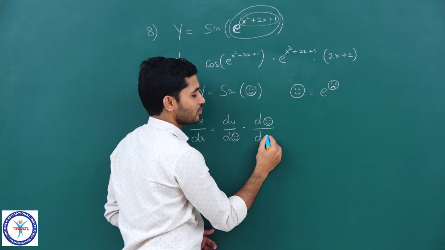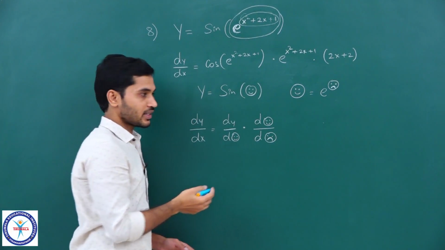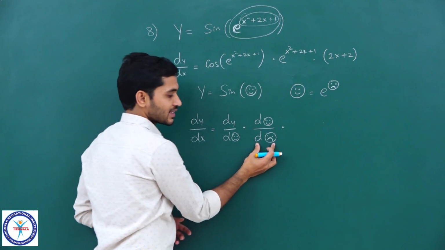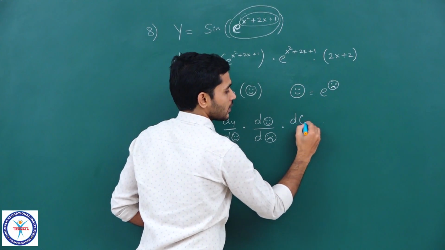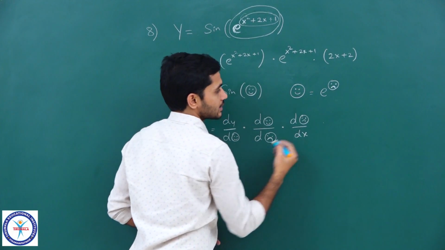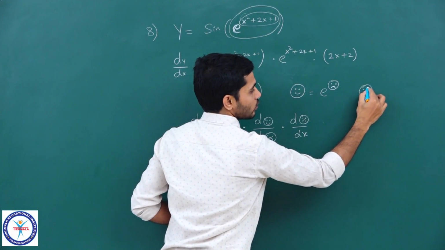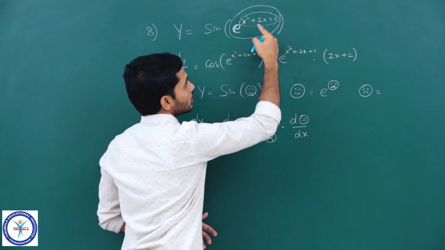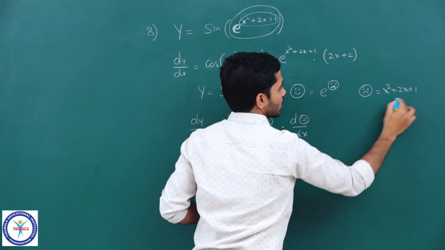So, d smiley by d frowny, you understand that, into, now I need to cancel this frowny. So, what I will do? I will differentiate that frowny finally with respect to x, because we have considered that the value of that frowny is equal to x square plus 2x plus 1.